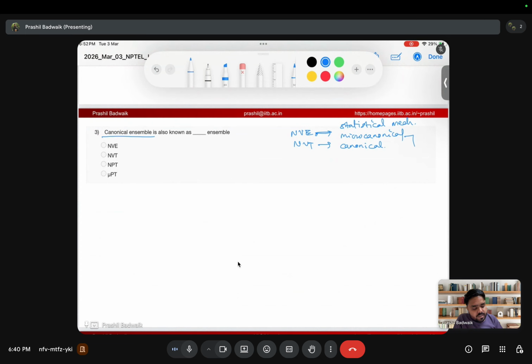This is our particles and this is our system, and we also let the volume change, right? So this is what is isothermal isobaric, and then we have mu VT, which is the grand canonical ensemble.